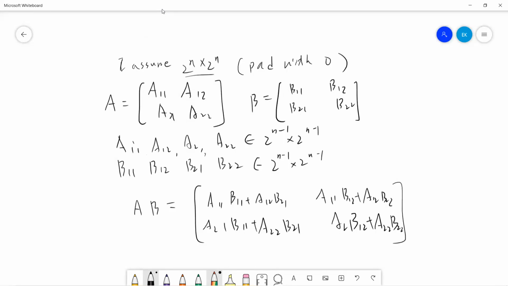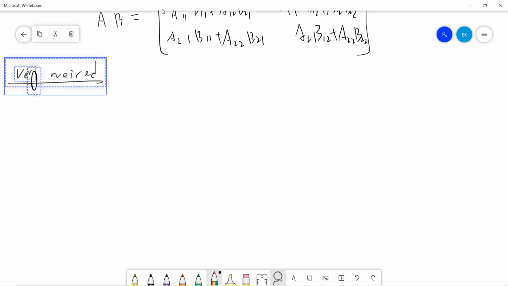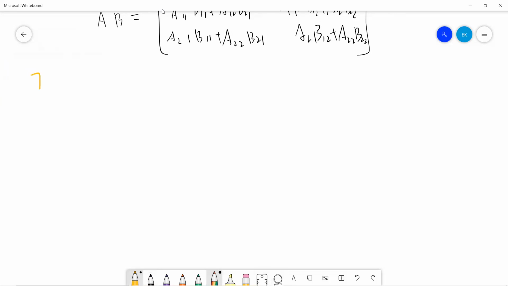Now Strassen is very weird. It's very weird that there exist another 7 matrices which are linear combinations of these.